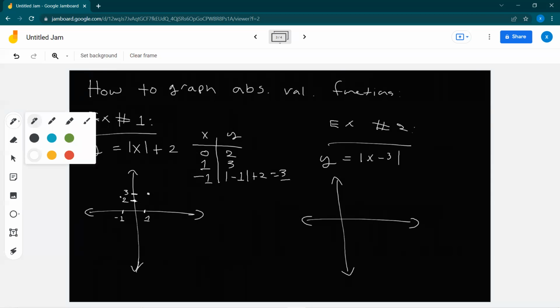And we can continue plotting points for it, but since this is a linear function, we can already start to see a pattern here. The idea with these absolute value functions, though this isn't the best graph, is that they are essentially a reflection across the y-axis.